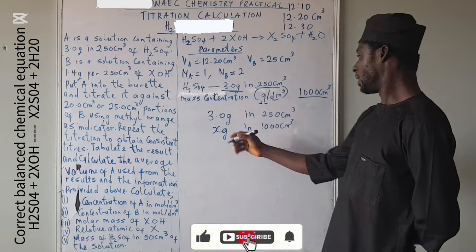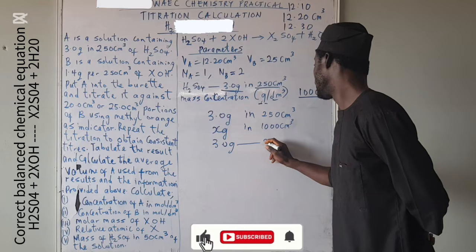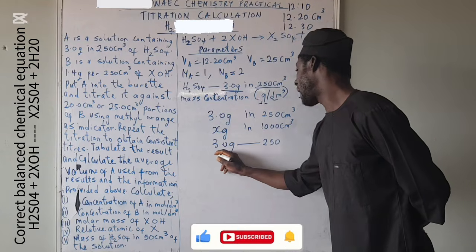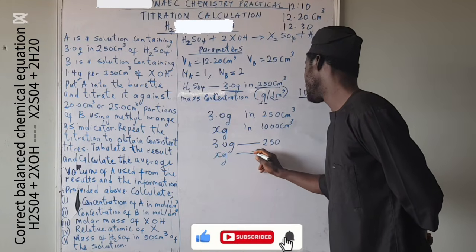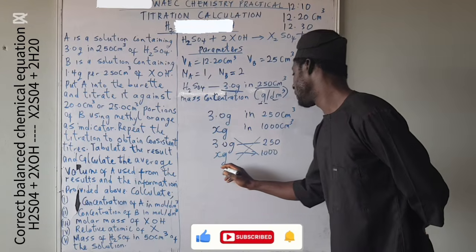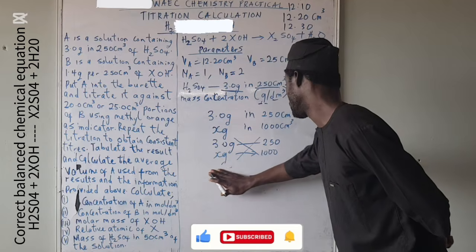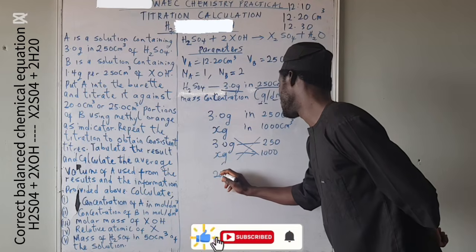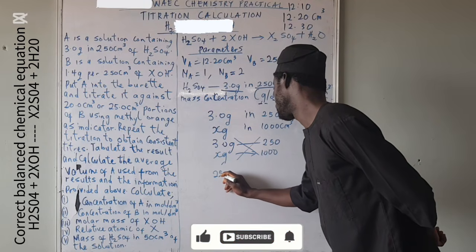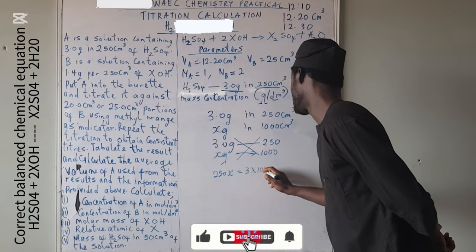And you can do your cross multiplication. If 3 grams is in 250, how many grams will be in 1000? So let's cross multiply. That will give us 3 times 1000, and 250 times x. 250x is equal to 3 times 1000.